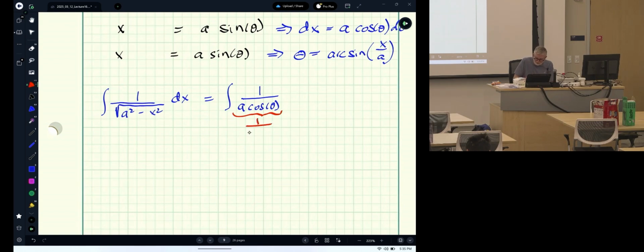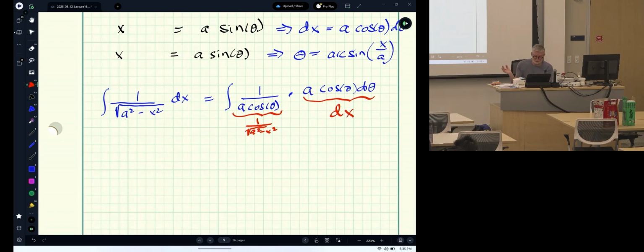One over square root a squared minus x squared, okay, that's where that came from. The dx, that's a cosine of theta d theta. That's dx.